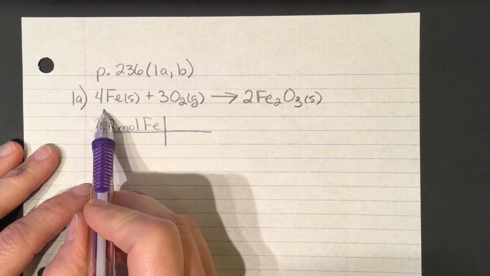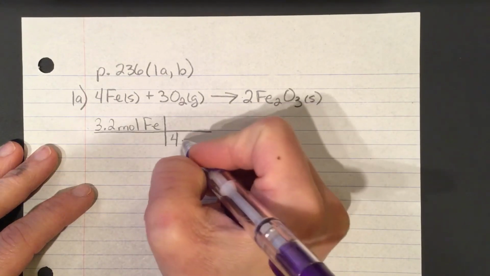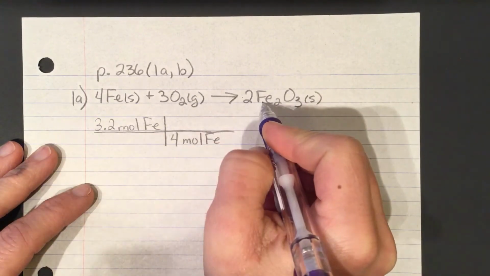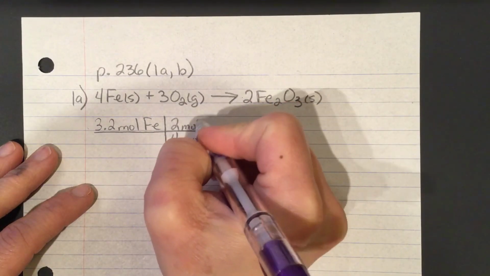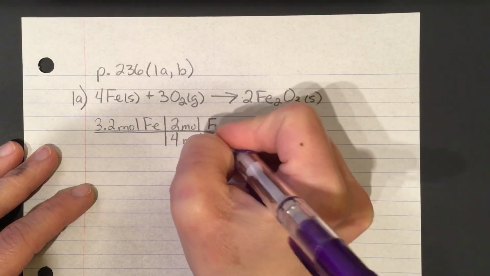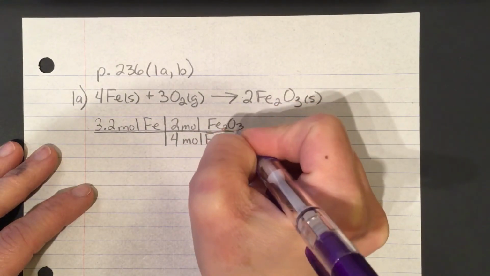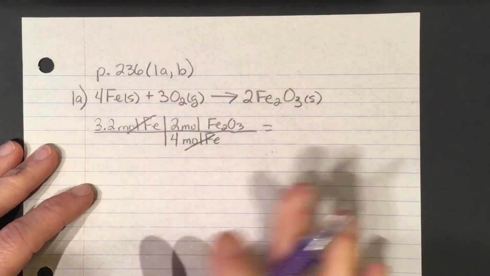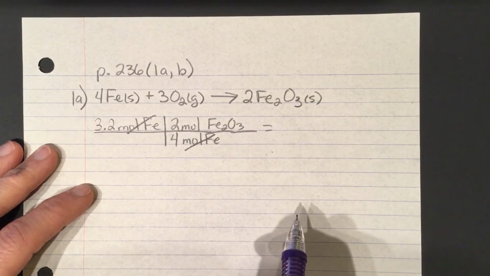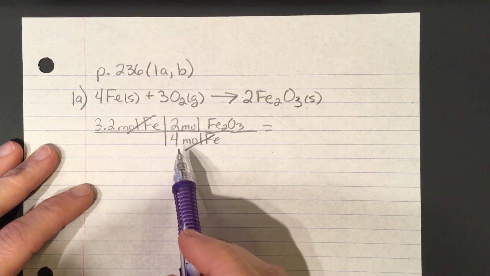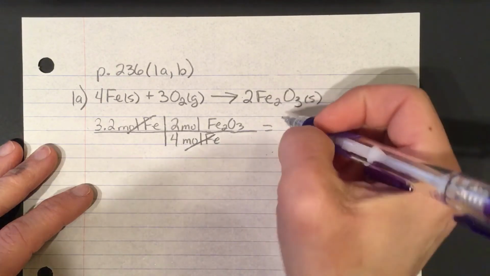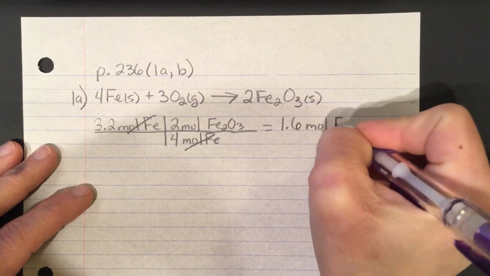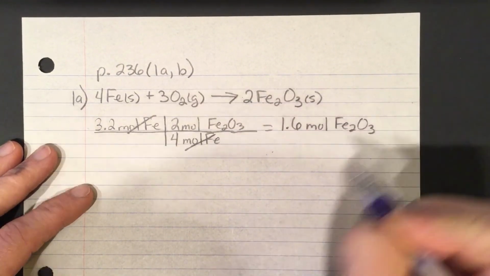I know that 4 moles of iron will produce 2 moles of iron oxide. My moles of iron cancel out, so I know I set the problem up properly. And when I multiply across the top and then divide by the bottom, I get 1.6 moles of rust.